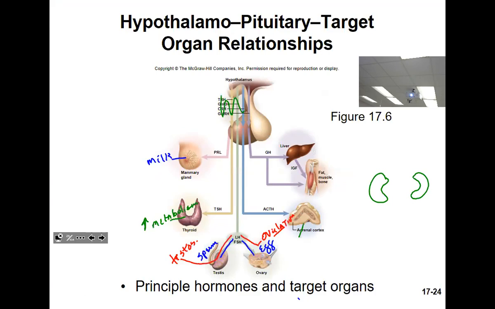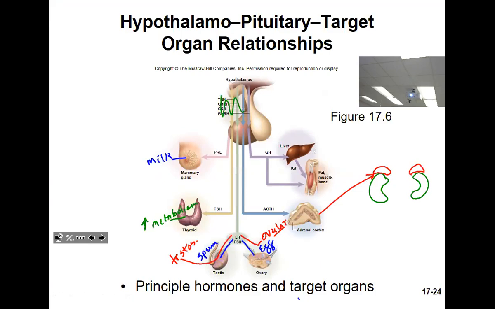Ad means superior to. So these little adrenal glands are sitting on top of your kidneys like little hats, like little caps. So does the name tell you where they're actually situated?